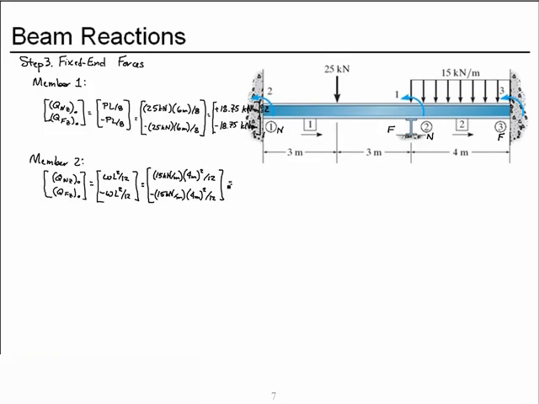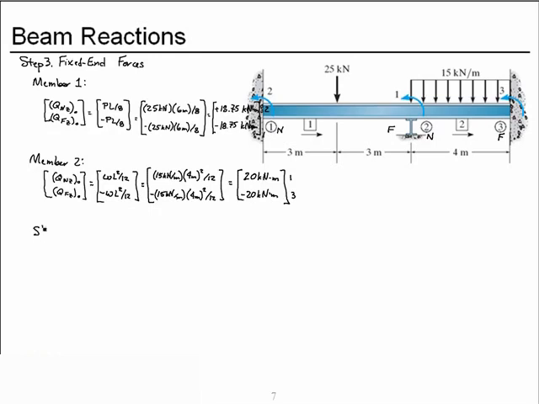And for this member then we have fixed end forces of a positive 20 kilonewton meters and a negative 20 kilonewton meters. Degree of freedom at the near node is 1 and at the far node is 3.